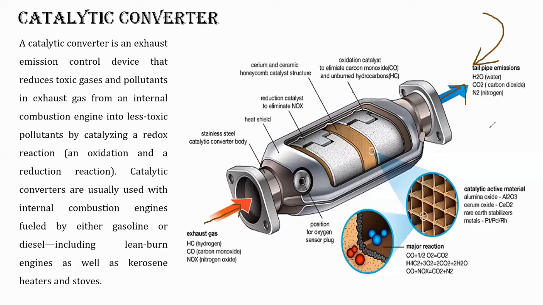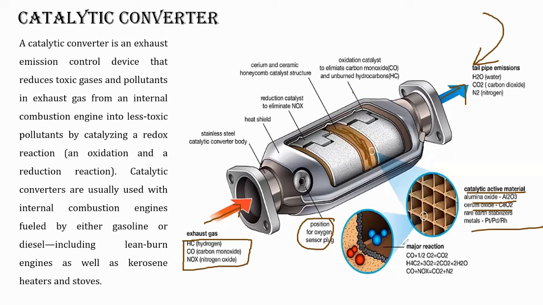Here the exhaust gas, that is hydrogen, carbon monoxide or NOx, is moving in. Here is the position for the oxygen sensor plug. The cross-sectional view is shown, and catalytic active material like aluminum oxide, cerium oxide, etc. is given in this plate-type zone.